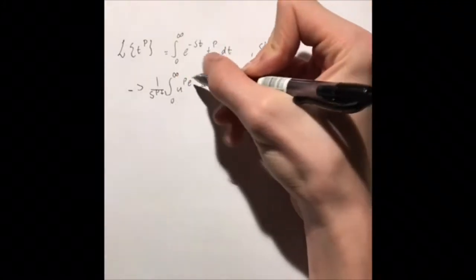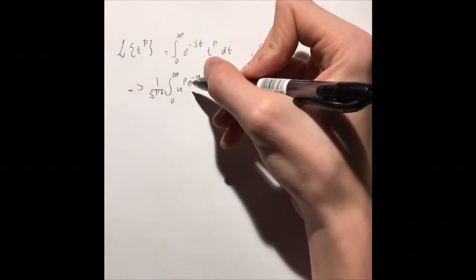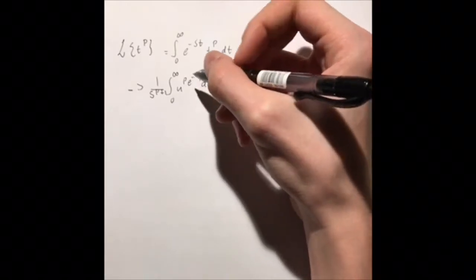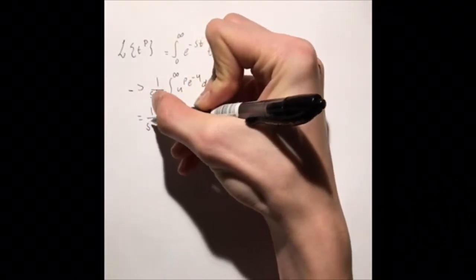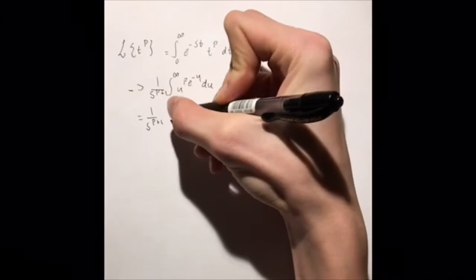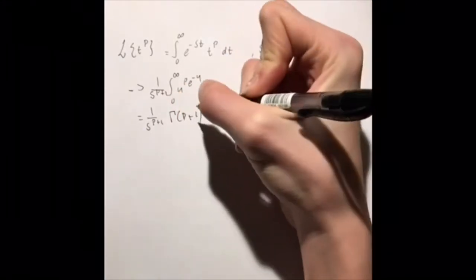And this is the gamma function, just with some exchange of the typical variables. So this is simply 1 over s to the p plus 1 times the gamma function of p plus 1.